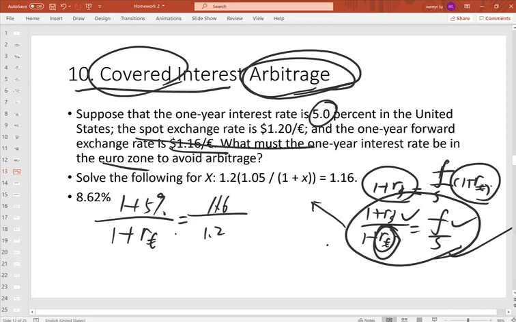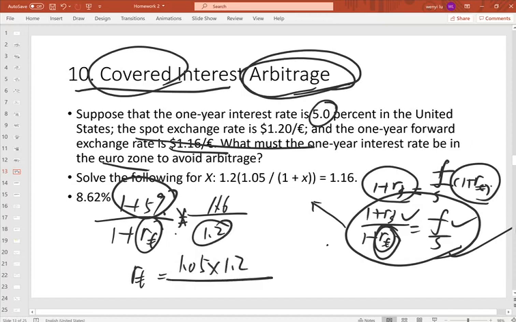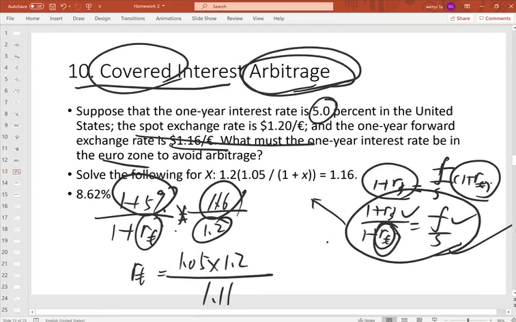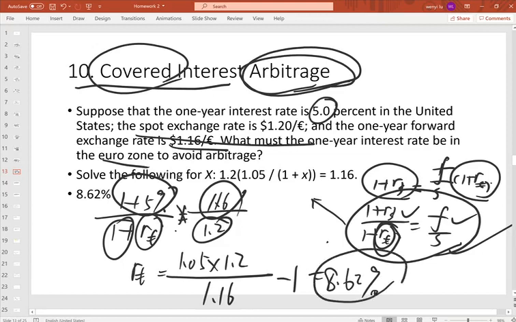Now let's solve: 1 plus R euro equals 1.05 times 1.2 over 1.16, then minus 1. If you follow these steps, the answer is 8.62%. So our Eurozone's interest rate, if there's no arbitrage, should be 8.62%.